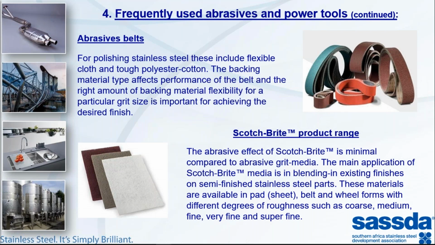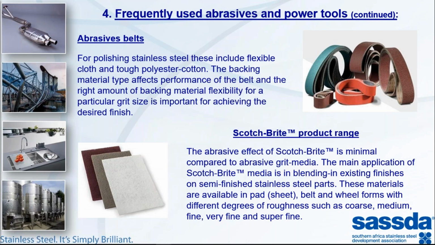But another abrasive, which is not as aggressive as the abrasive belts, is your Scotch-Brite and similar product range. We use this especially for blending in material. You can also get them in belts and wheels, but we use them a lot in manual operations in pad form.